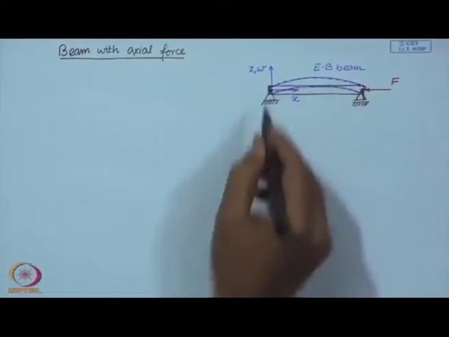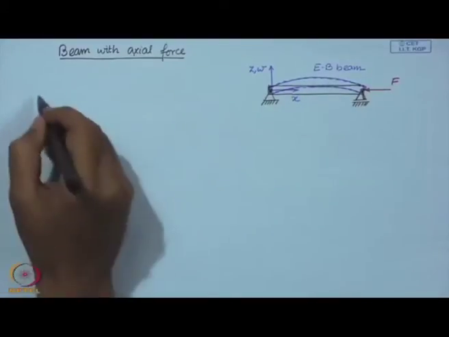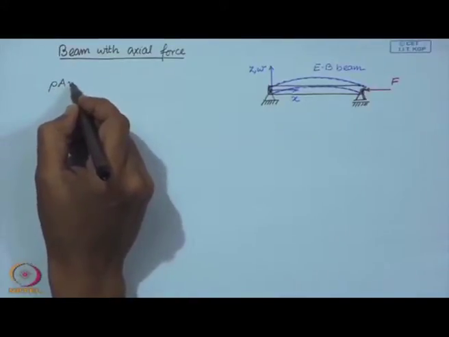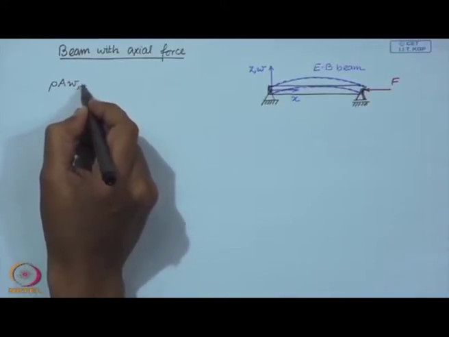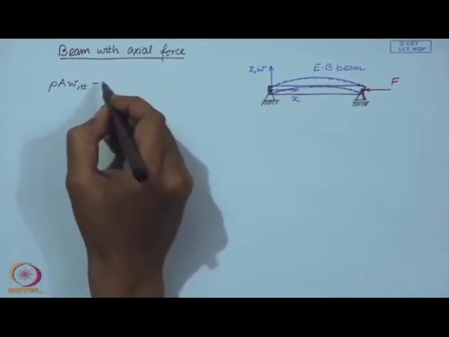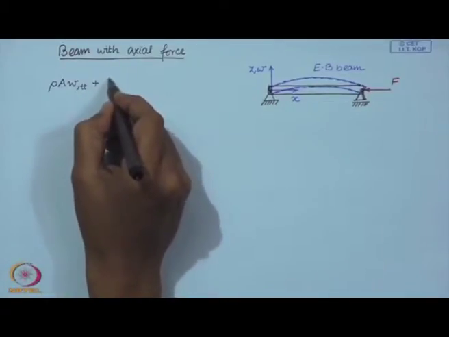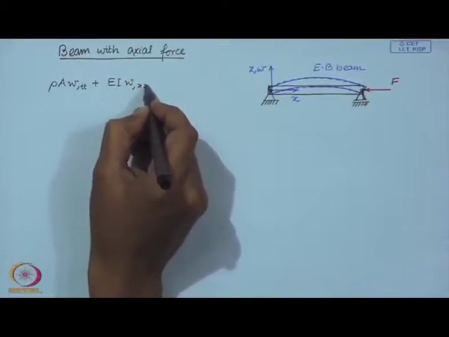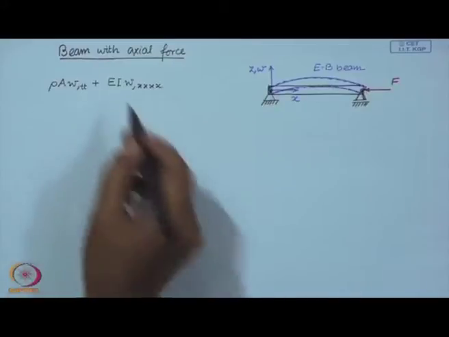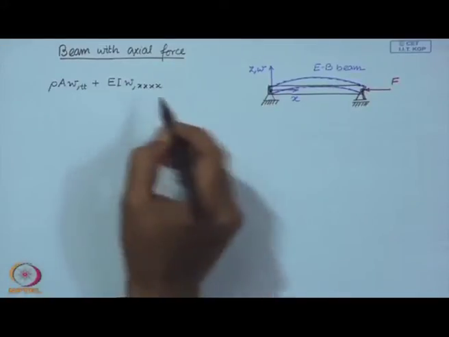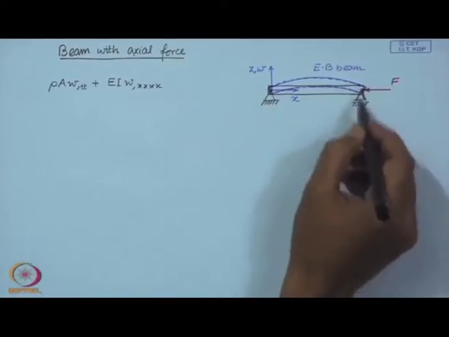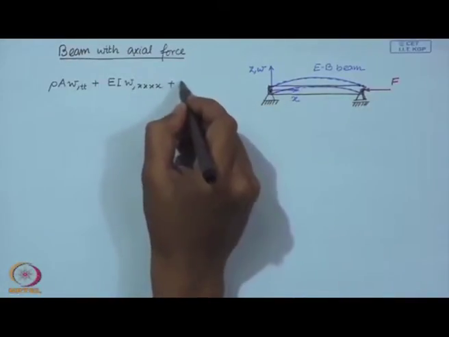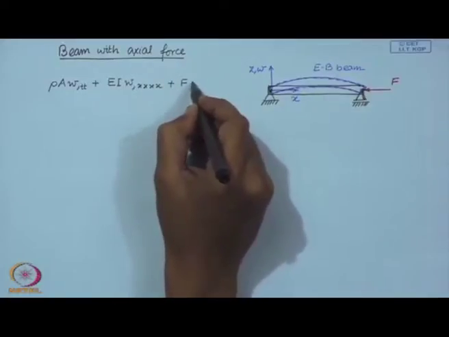So, the equation of motion for this beam with the axial force: these are the two terms for the Euler-Bernoulli beam, and in addition, because of this axial force, which is now compressive, we have this additional term.